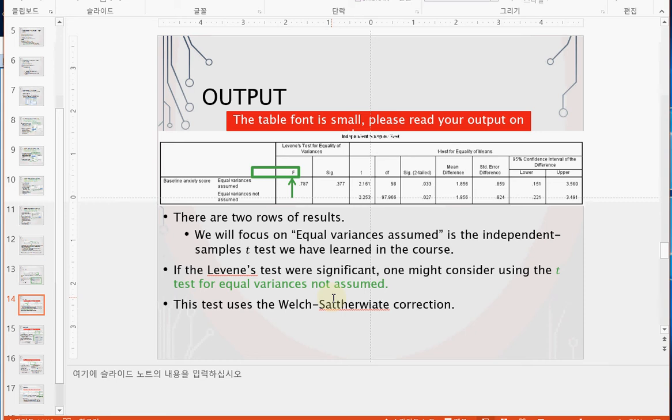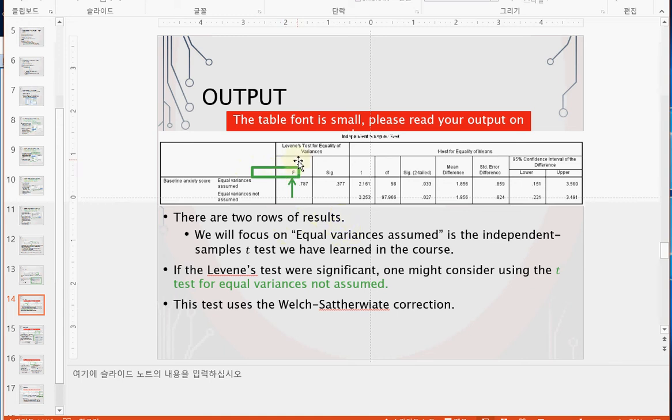So this is the table of the test, the result of the independent sample t-test. In the first section, look at the section called Levene's test for equality of variance. So Levene's test shows the hypothesis testing result of equal variances among groups.